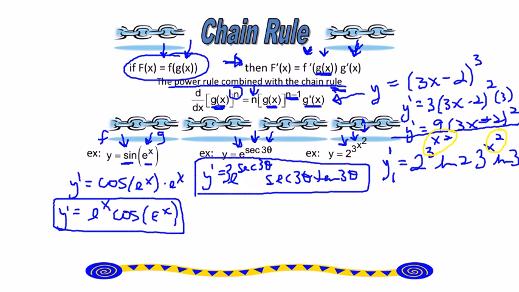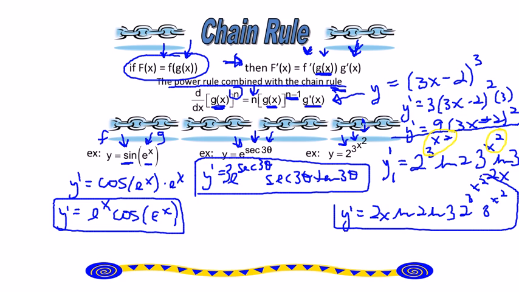The derivative of x squared is 2x. So let's rewrite this. y prime would equal 2x ln 2 ln 3 times 2 to the 3 to the x squared times 3 to the x squared. Isn't that gorgeous? It's very cool. Alright, and that is day 1 of the chain rule.